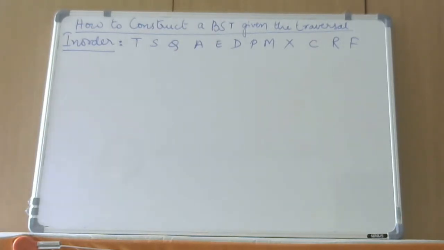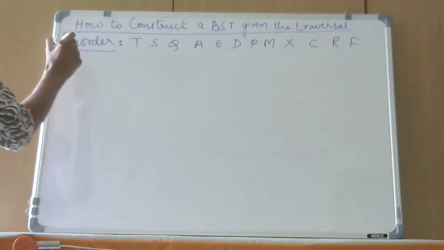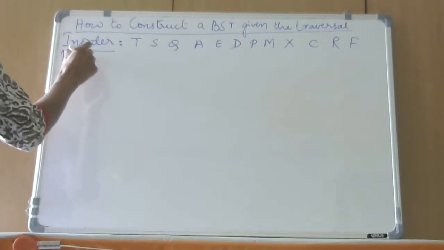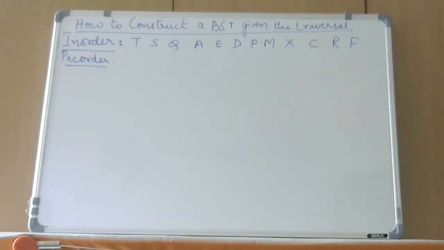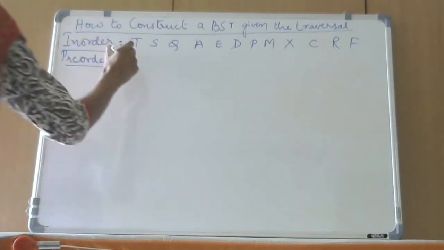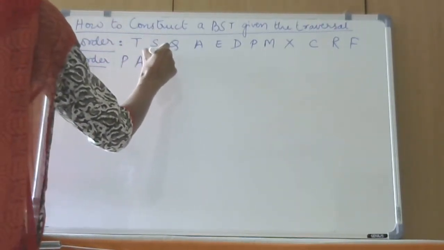Now with only in-order we cannot construct the tree. Either we should be given the pre-order or we should be given the post-order. For this example, pre-order is given to us. That means in-order traversal is given, pre-order traversal is also given.